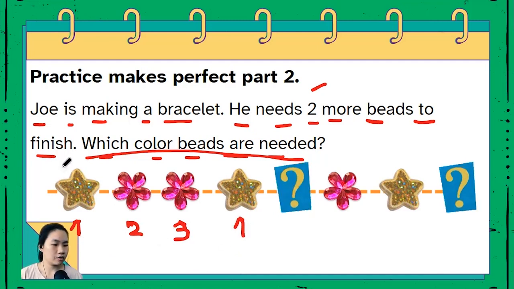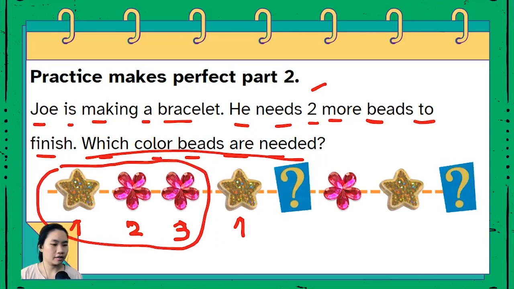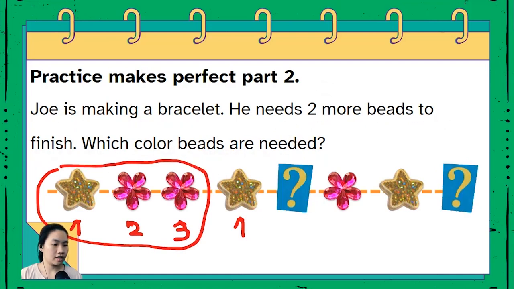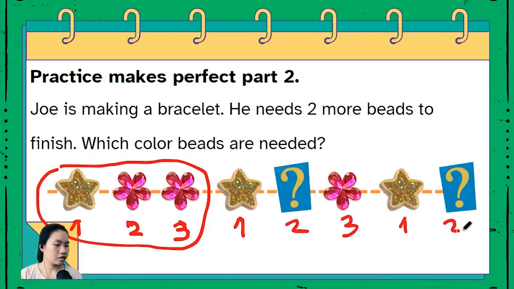So I'm just going to make a circle for identifying, oops, that's wrong. Circle 1, 2, 3, not 1, 2, 3, and 1. All right. Clean this up real nice. And let's repeat the pattern using our numbers. 1, 2, 3, 1, 2.